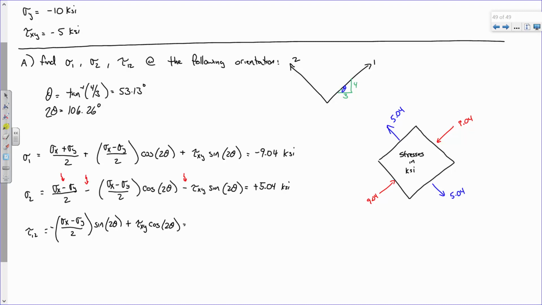Negative 6.28. Do I have a second on that? All right. So since that's negative, that would be our new state of stress with the element being rotated. Is everybody okay with that?